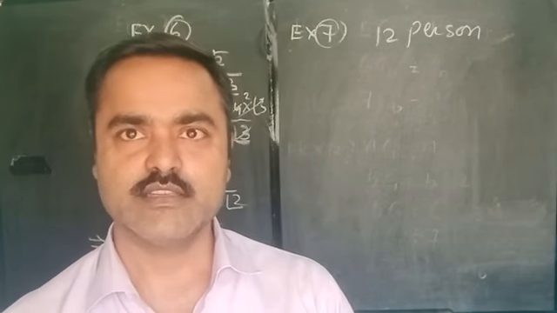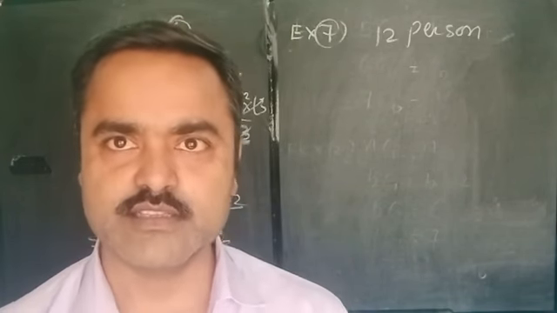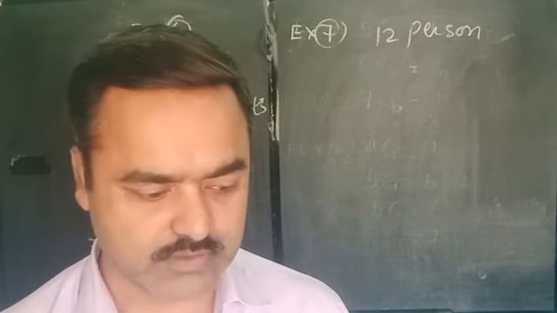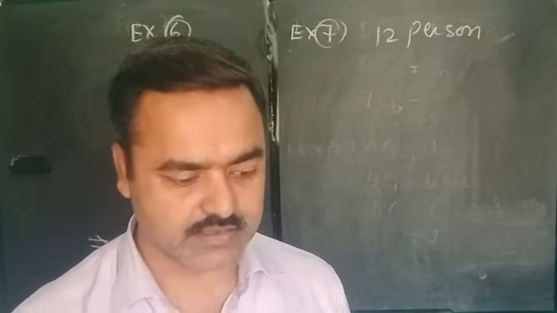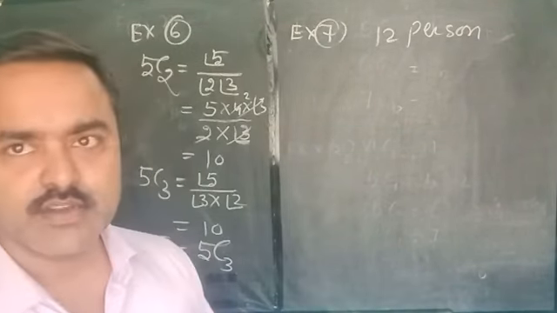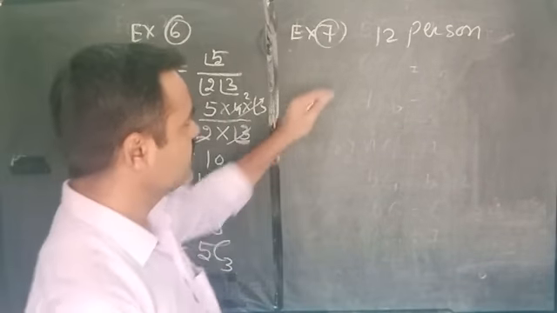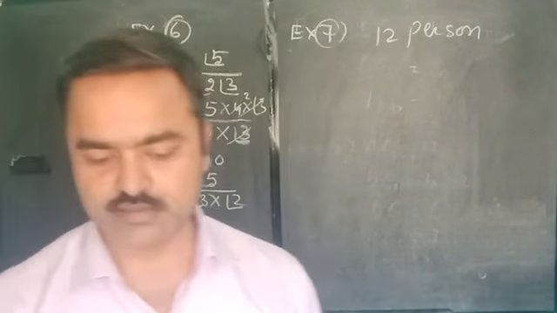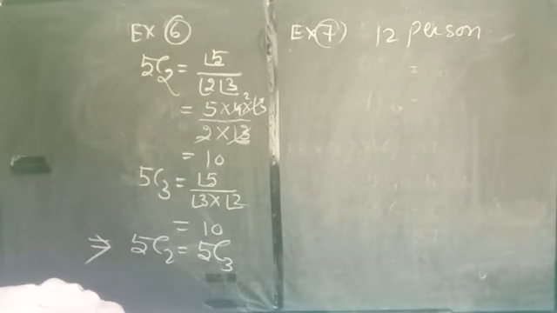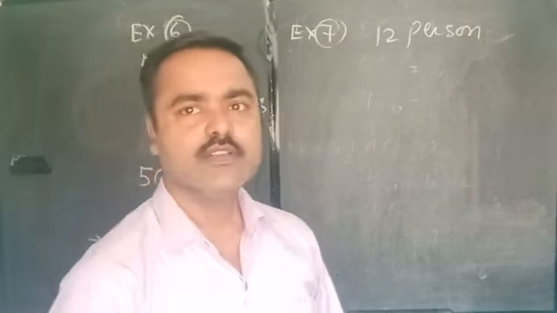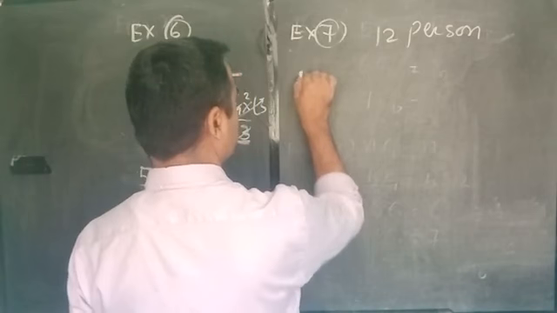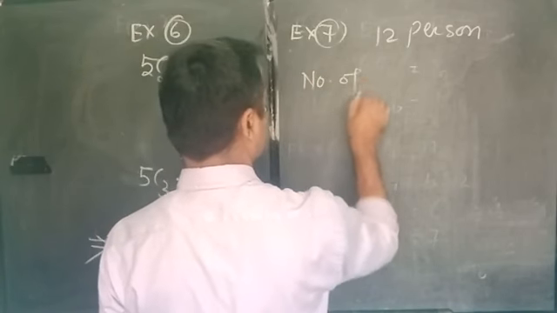Listen, try to understand the question. There are 12 persons and they shake hands with each other. Find the number of different handshakes. Total persons are 12, and for a handshake only 2 persons are required.